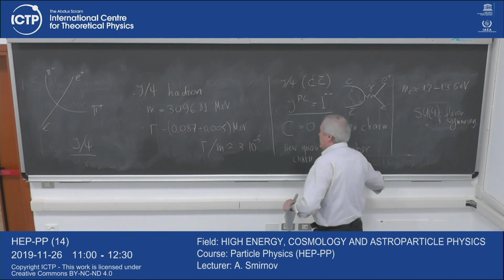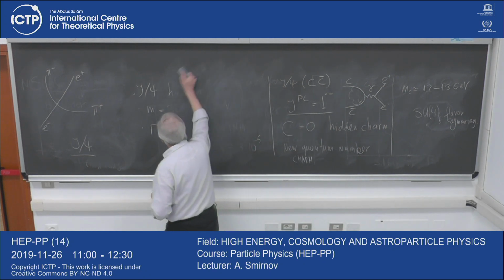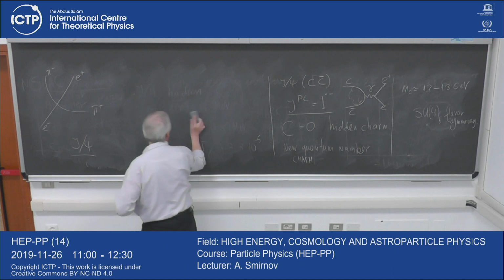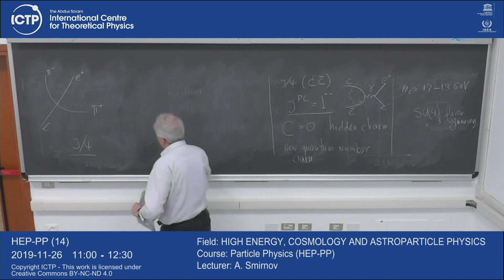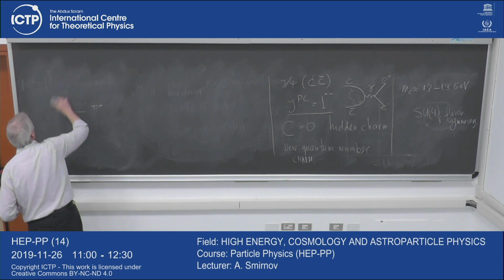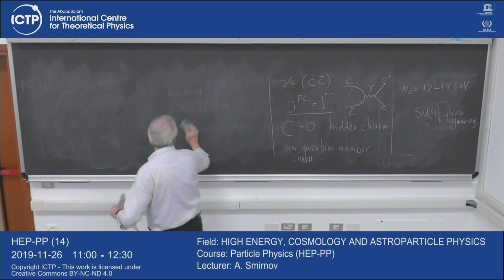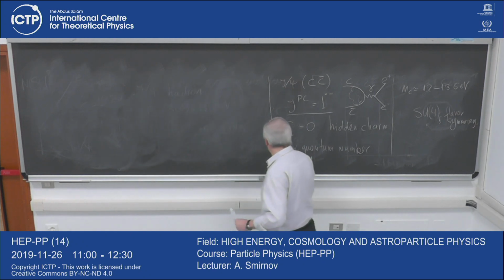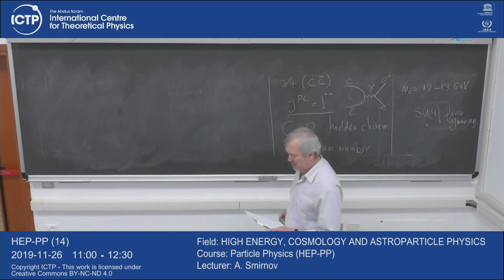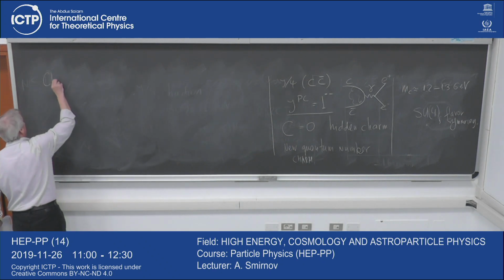Let me say a few words about charm spectroscopy. Once you introduce a new quark, you can compose many composite states using this quark and also other quarks, and that will give you new families, new hadrons. So let me say a few words about charm spectroscopy.